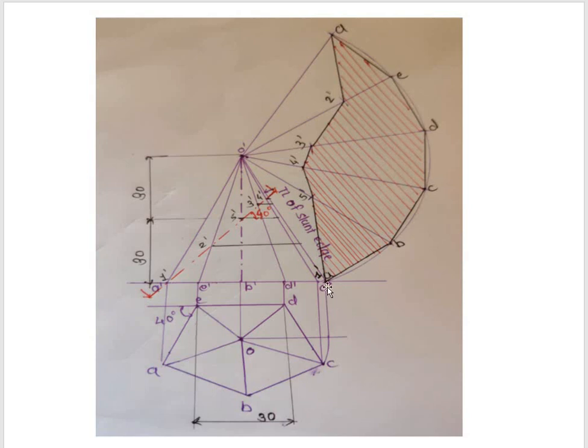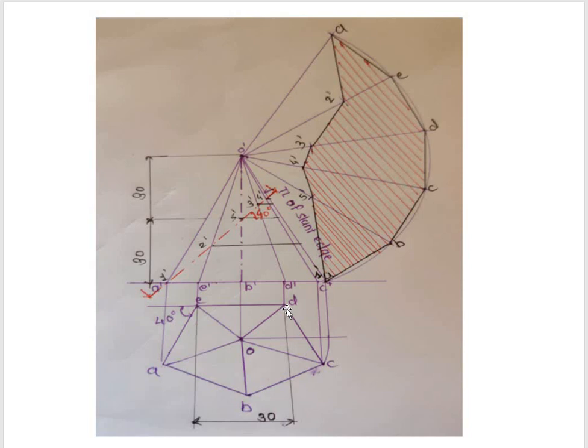And after that, to make the development of a pentagon, now take the distance in the compass O dash C dash as a true length, okay, and make one arc, okay. After making the arc, as this is the pentagon, you have to mark the arc into 5 equal parts, okay.